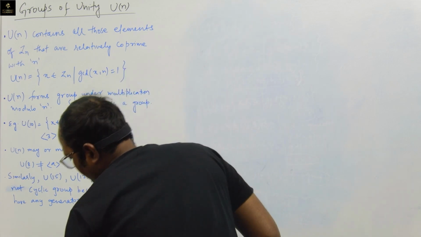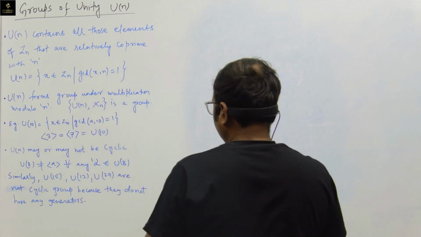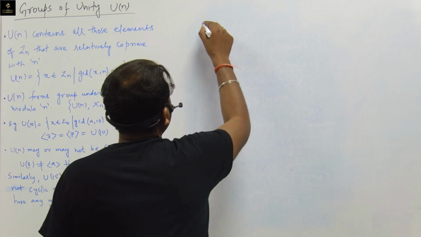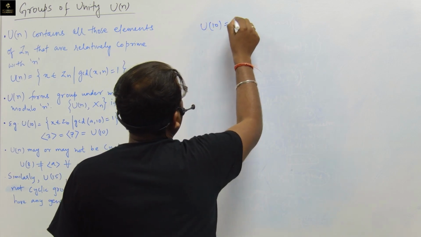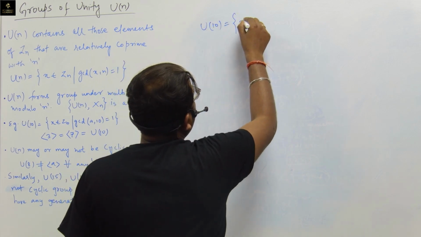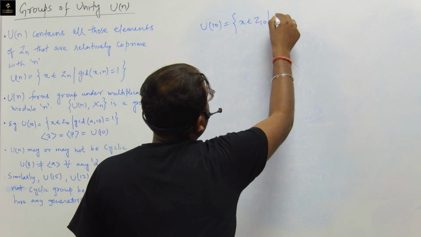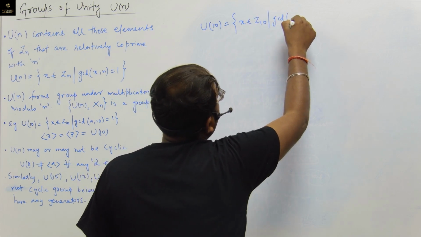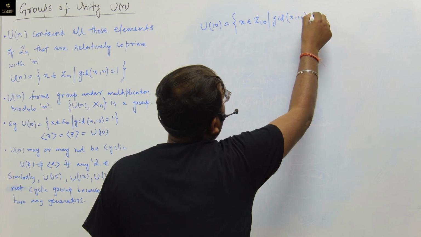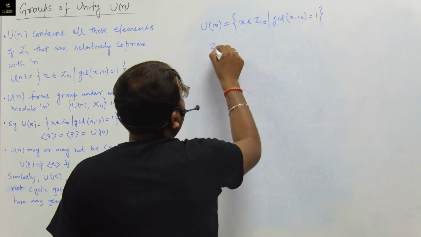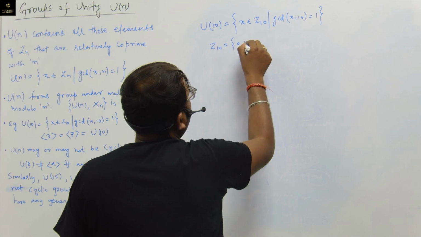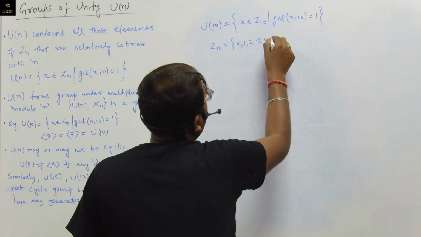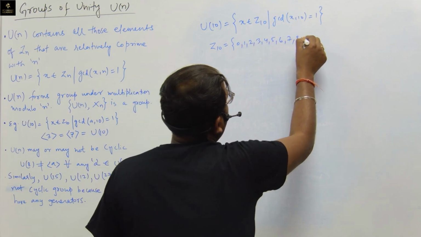Now let us find the generators of U10. U10 contains those x belonging to Z10 such that GCD of x and 10 is equal to 1. Z10 is 0, 1, 2, 3, 4, 5, 6, 7, 8, 9.